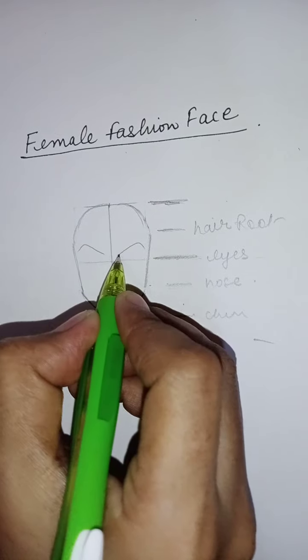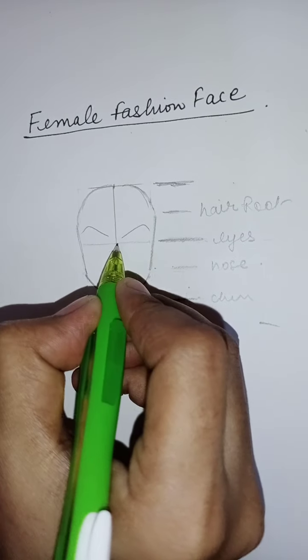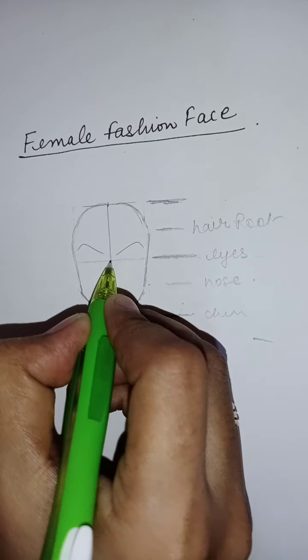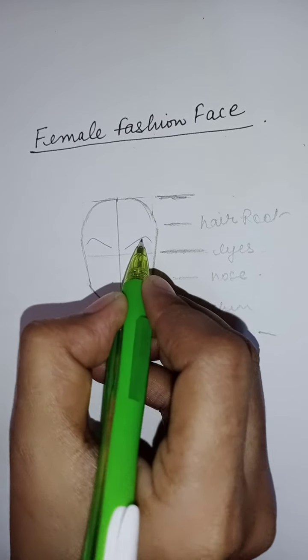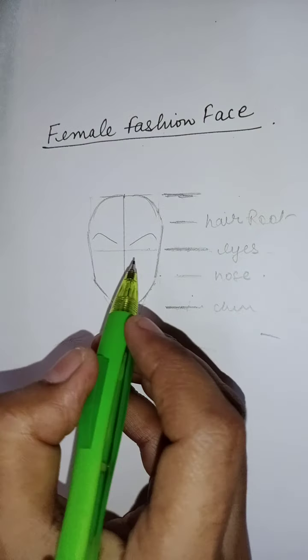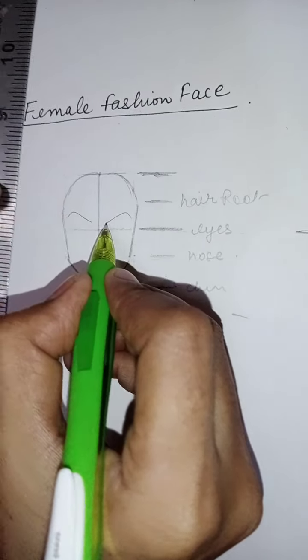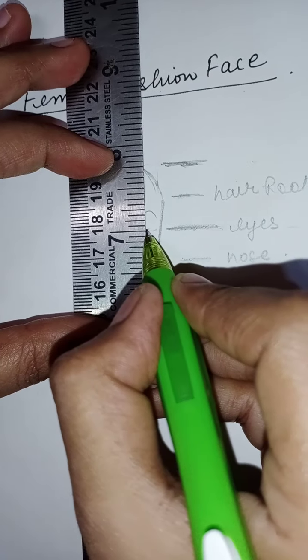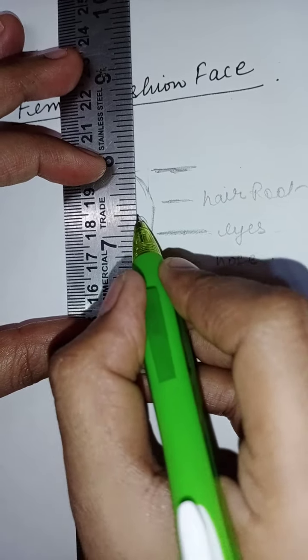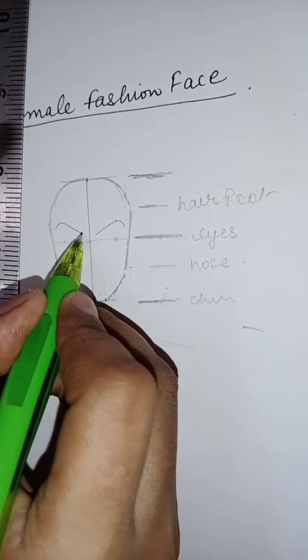If I can make eyebrows both sides equal, so I will take a measurement from here to here, and then I will go up. I can use my scale to draw these eyebrows equal. Like I can take measurement from here, then I will make a measurement of block here, and then I can use this, then I will draw these lines.